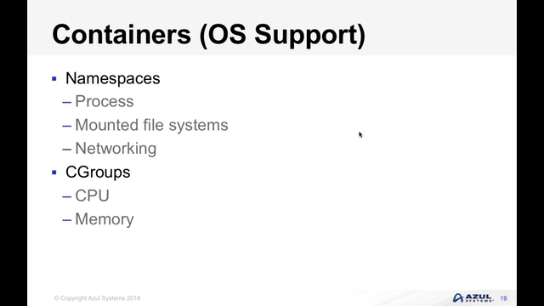What cgroups, control groups, allow us to do is to determine how much of the resources of the machine are allocated to each container and therefore each service. In that sense, we can say how many CPUs, how many cores we want accessible by a particular container, and also how much of the memory.